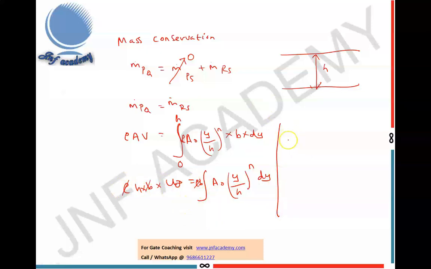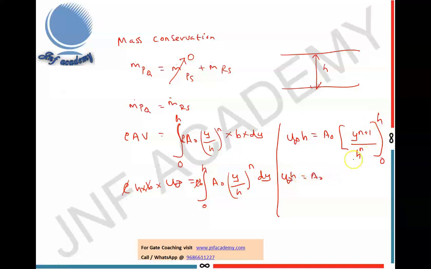So u infinity h is equal to a naught times the integral of (y by h) the whole power n into dy, which gives y power n plus 1 divided by h power n, from 0 to h. So here also you have to put the limits 0 to h. So u infinity h is equal to a naught, and if you substitute the limits, h power n plus 1 divided by h power n.